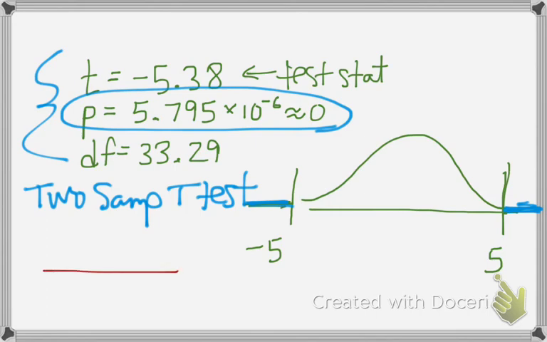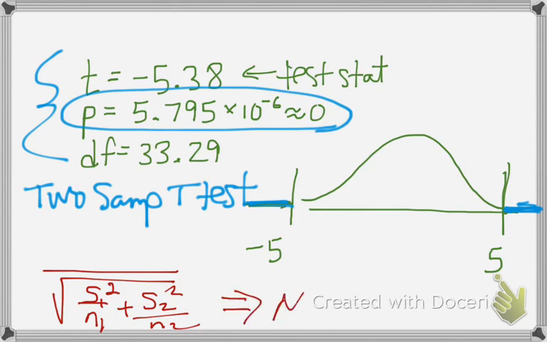And do you know, for instance, what the denominator looks like? That it's s1 squared over n1 plus s2 squared over n2. Do you know that? Would you be prepared for a multiple choice question that gives you answer options that look like that? Okay, so that's the 2-sample t-test.